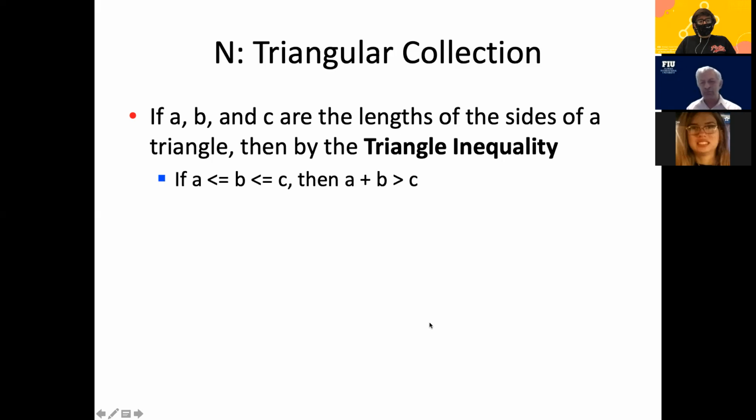You don't need to do much more. So if A and B are smaller than C, then A plus B must be greater than or equal to C.